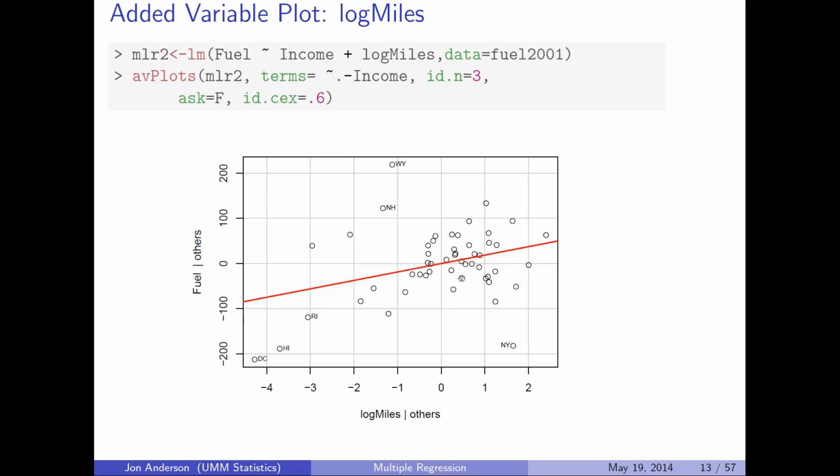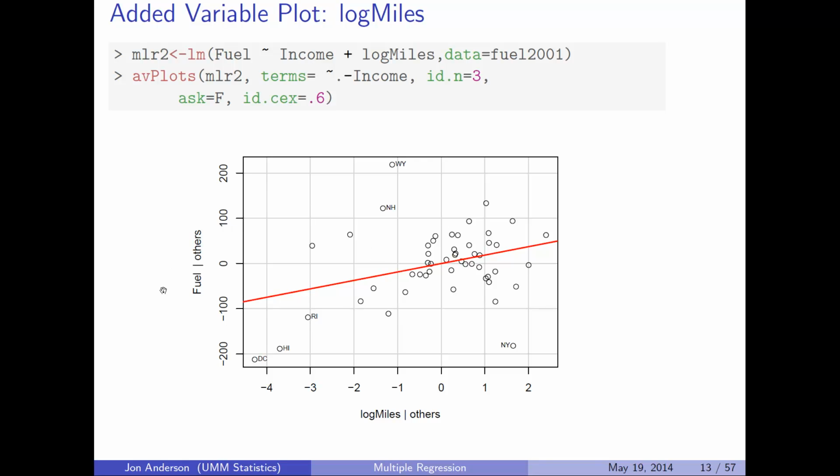command. So what you can see from this added variable plot is that there is a trend between the two sets of residuals. The unique part of log mileage is correlated and related to the leftover variation of fuel consumption after income has done what it can. You can think about this in terms of a household or a pizza party or something.